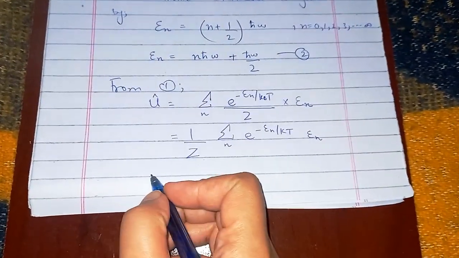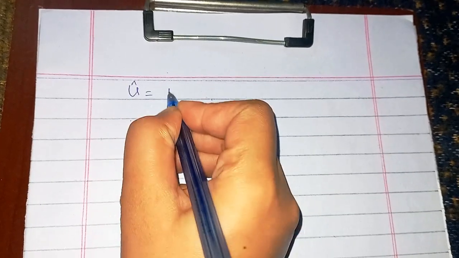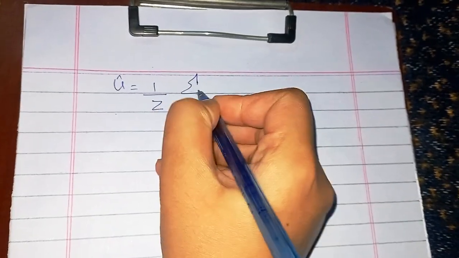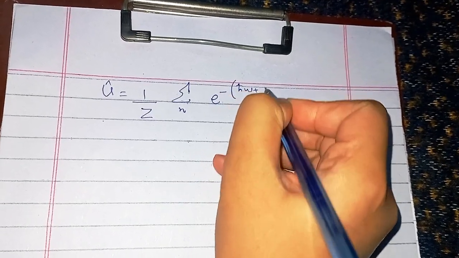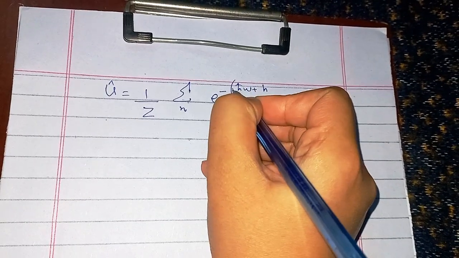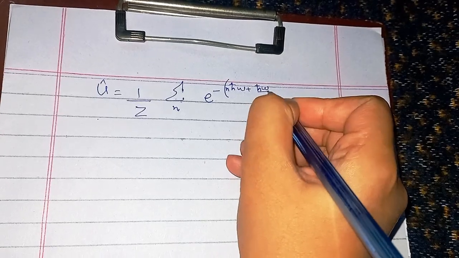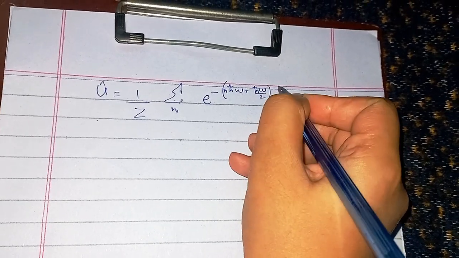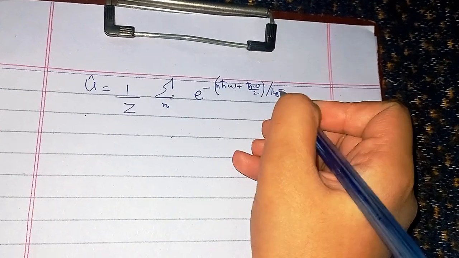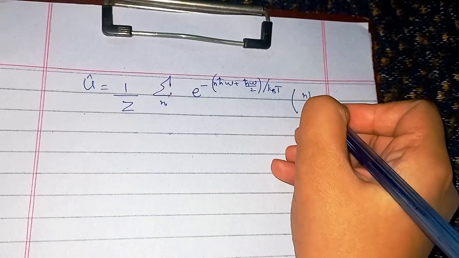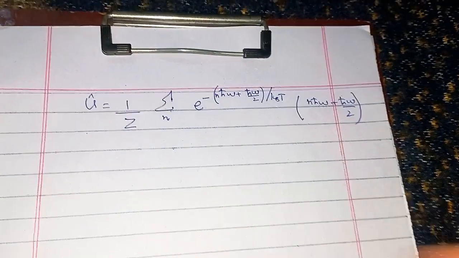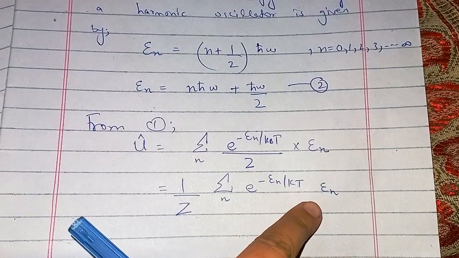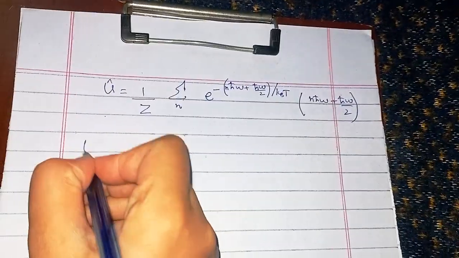So let's do that. U bar equals 1 over z summation over n e to the power minus (n h cut omega plus h cut omega by 2) whole divided by kBT, into E_n, which is n h cut omega plus h cut omega by 2. We just inserted the value of E_n here.